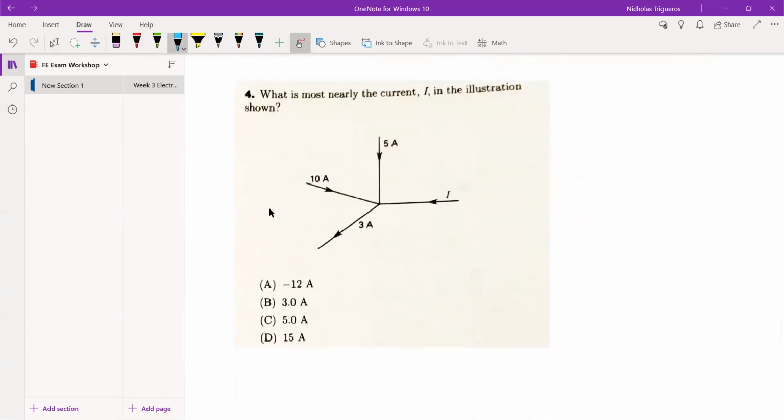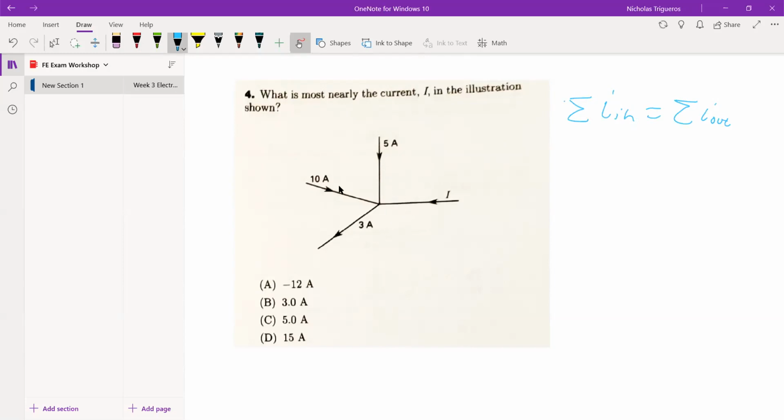Now we have some converging currents. If you don't know what to do with converging currents, you must use Kirchhoff's law, where the sum of the currents in must be equal to the sum of the currents out.